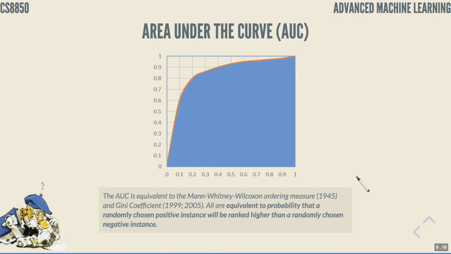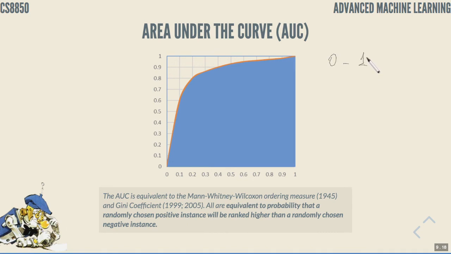As I said before, some classifiers may have very differently looking ROC curves, but this metric, area under the curve, basically you integrate, and since the area of the unit square is 1, the area under the curve will be a number between 0 and 1.